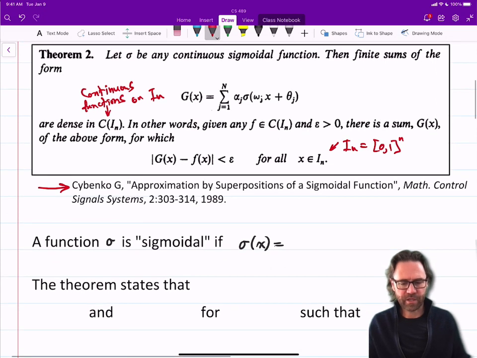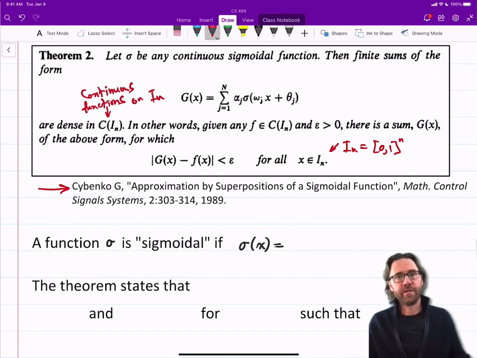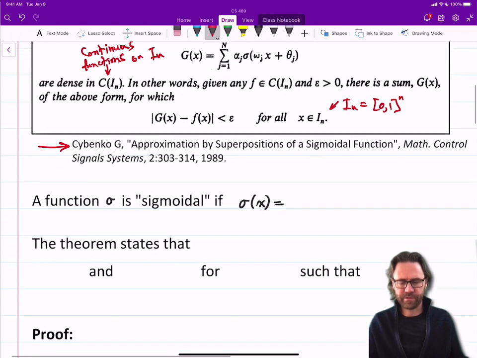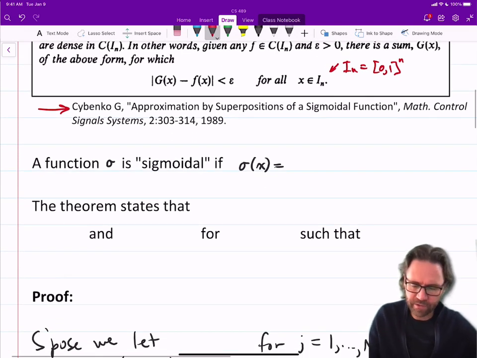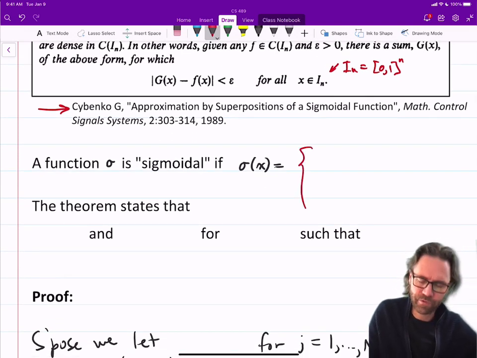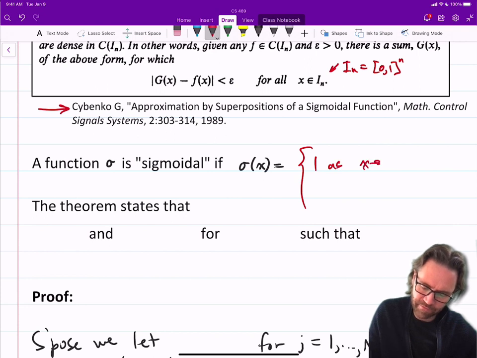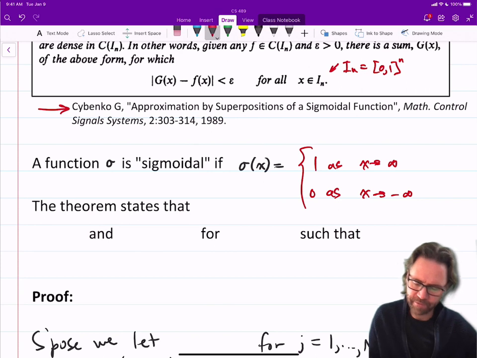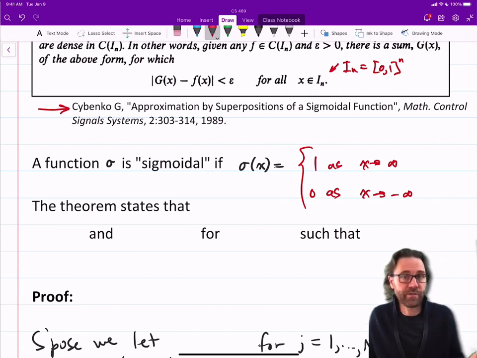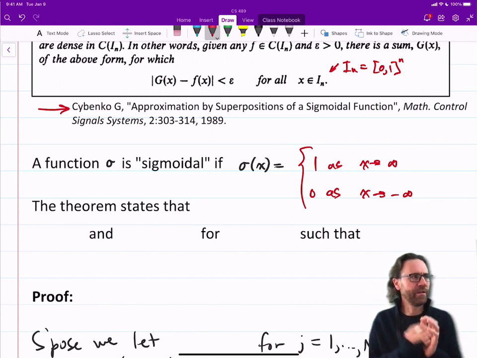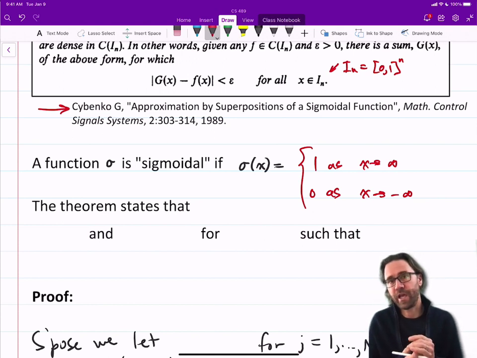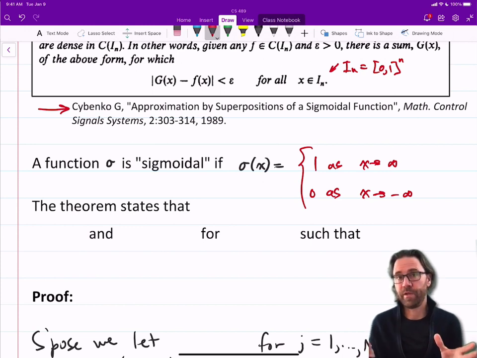So it talks about sigmoidal functions. A sigmoidal function, sigma of x, is any function that goes to 1 as x goes to infinity and goes to 0 as x goes to negative infinity. The logistic function, for example, does that. You can imagine a shifted and scaled hyperbolic tan function. So there are lots of different functions that do that. The threshold function also does that, like the Heaviside step function does that.